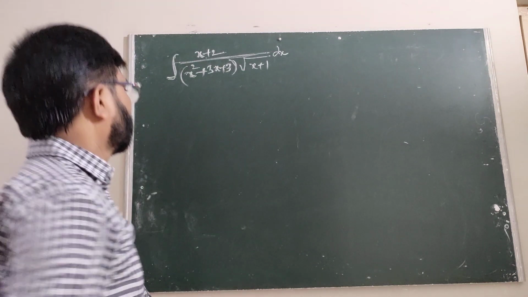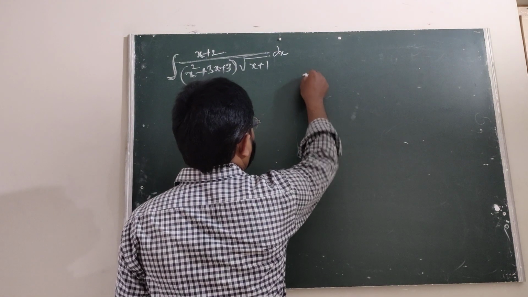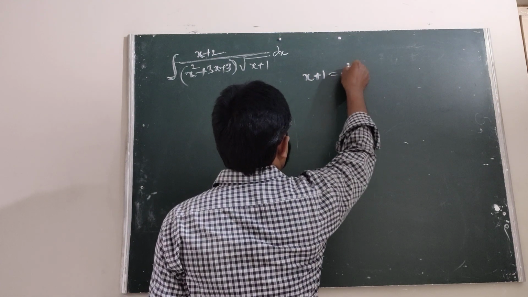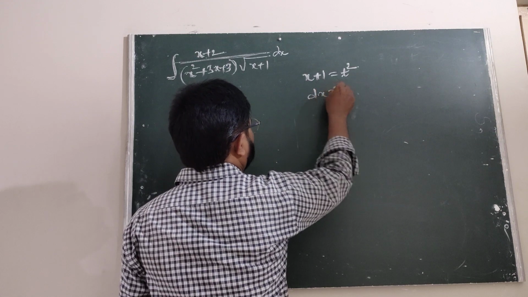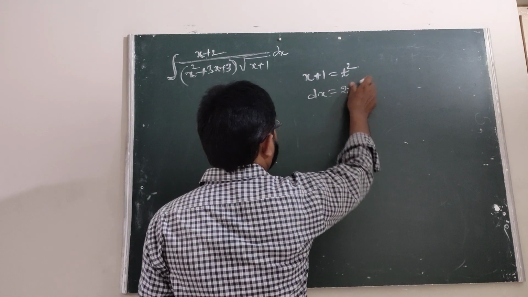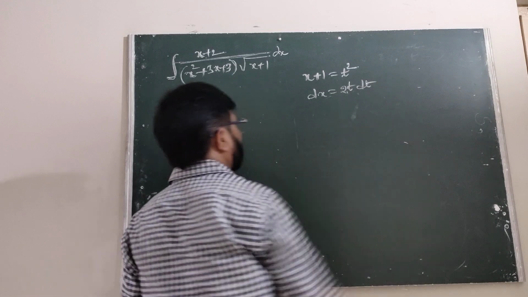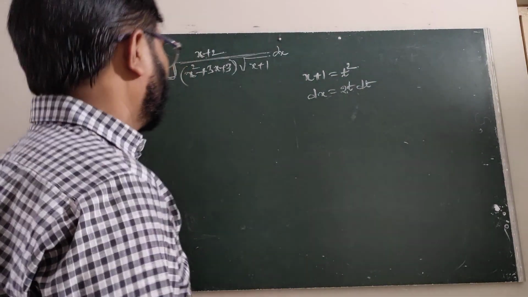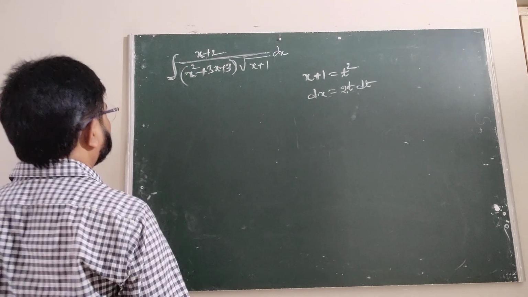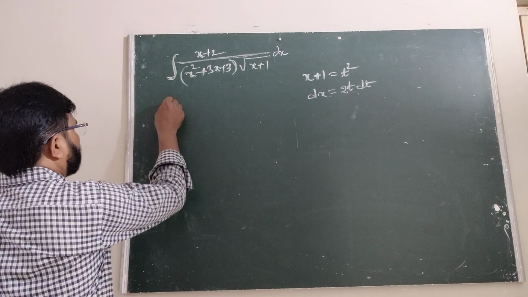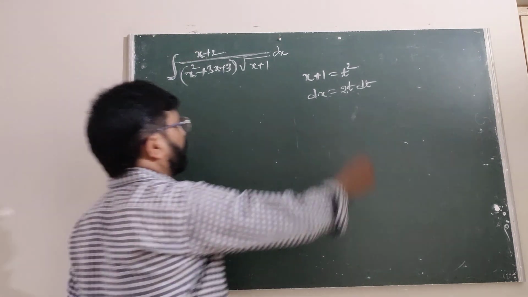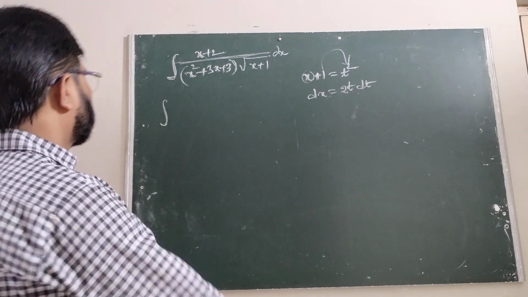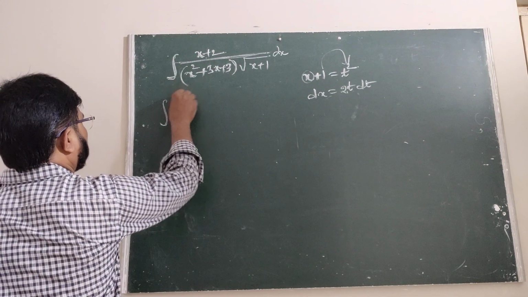Here x plus 1 equals t square, so dx equals 2t into dt. The derivative of t square is 2t dt. Therefore x can be written as t square minus 1.